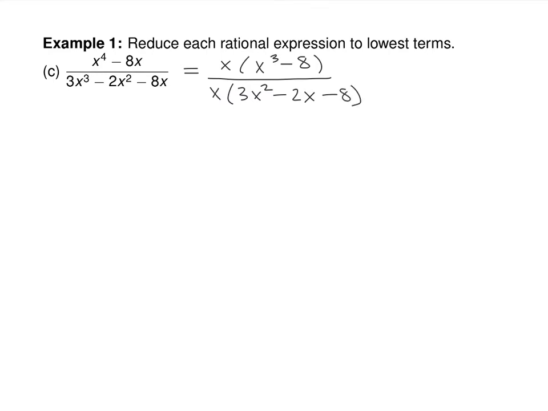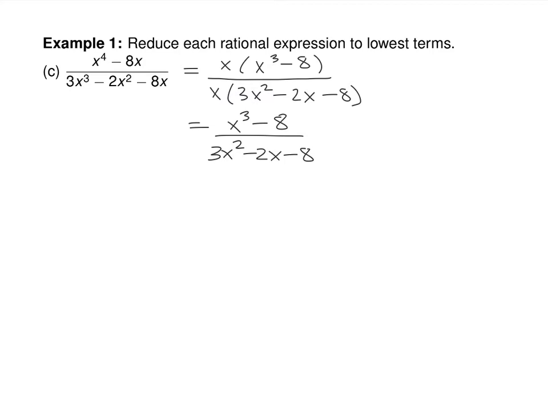Great. Okay. Now those x's can cancel and they can be gone. Is that okay with everybody? All right. So you have x cubed minus 8 over 3x squared minus 2x minus 8.